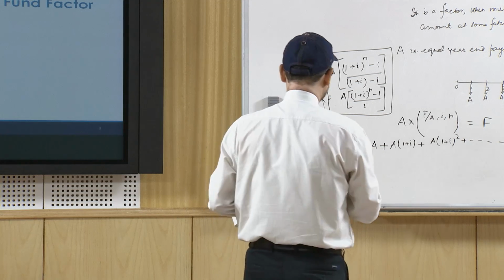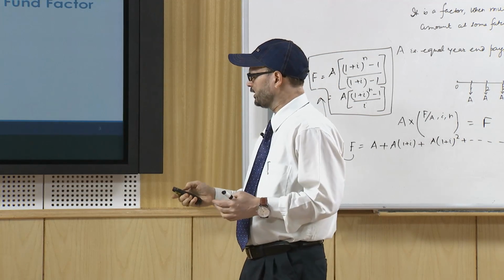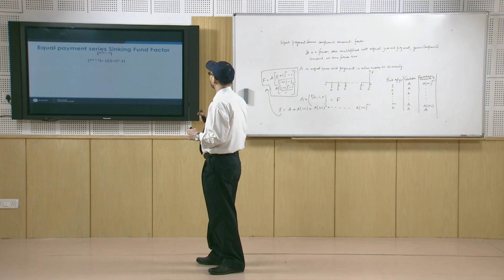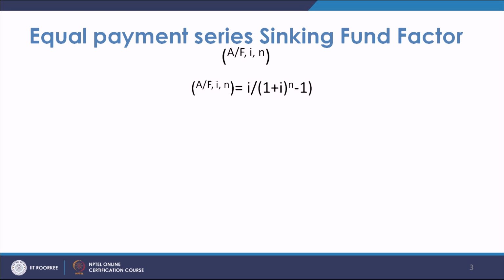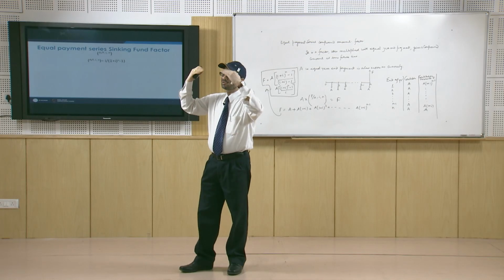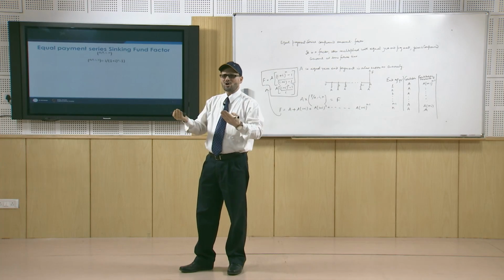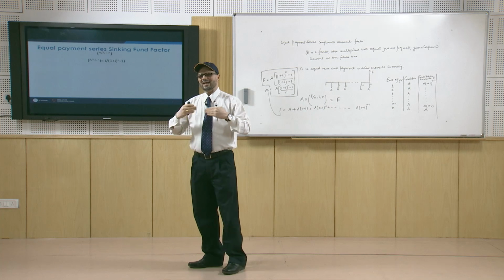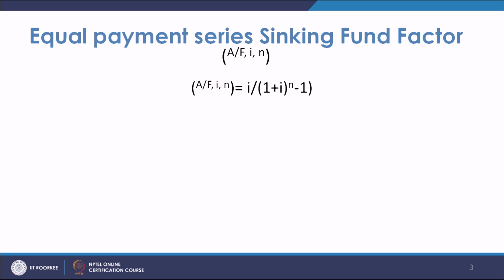In the earlier case, basically you know A and you find F. So, this factor will be multiplied with A and you will get F, whereas in this factor you know F, you have some target that you need some amount in the future. For getting that amount, how much you should deposit now onwards every year end. So, that is known as equal payment series sinking fund factor.